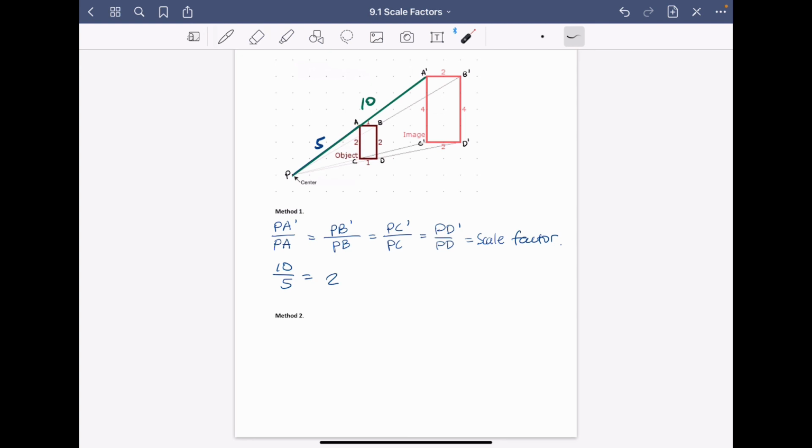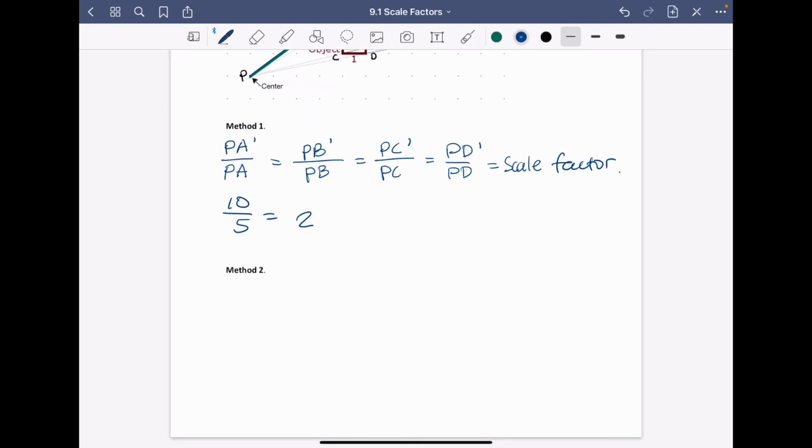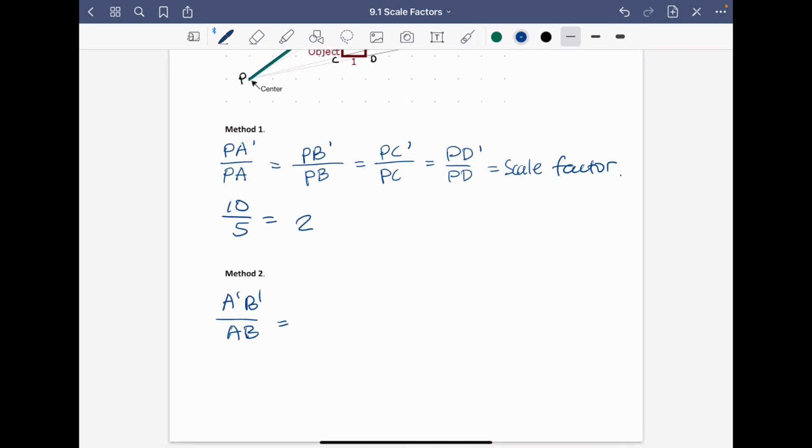So using the formula for scale factor, we'll know that image over object will be 4 over 2, which is the same as method 1, equal to 2 as well. So let's write that down as well. So for each of the corresponding sides, the ratio between them will equal the scale factor.